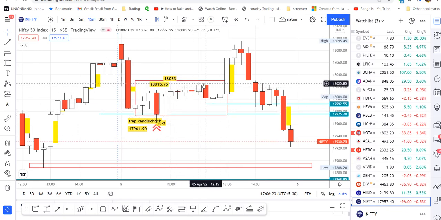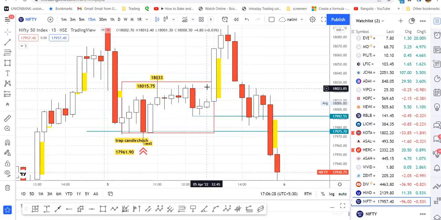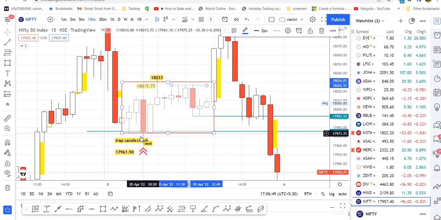So price came down. You can see from this swing high, this was a trap. It came down and made a higher low. You could have gone long in this candle, or you could have gone here itself, keeping it as a stop loss.